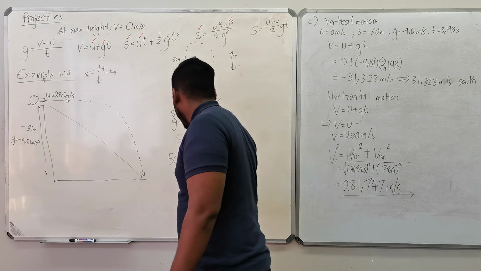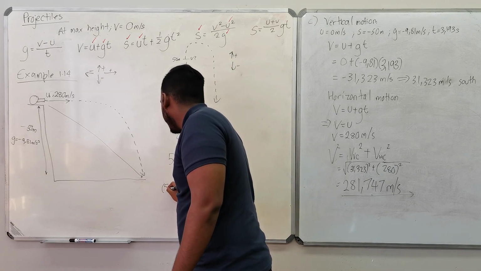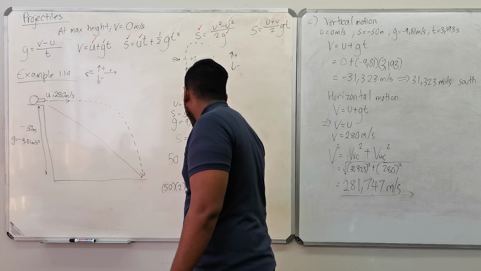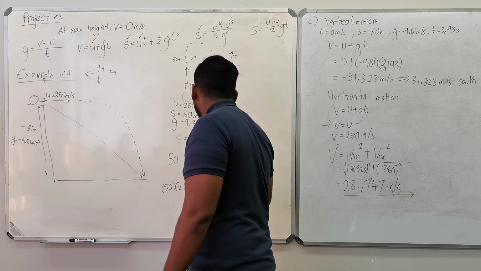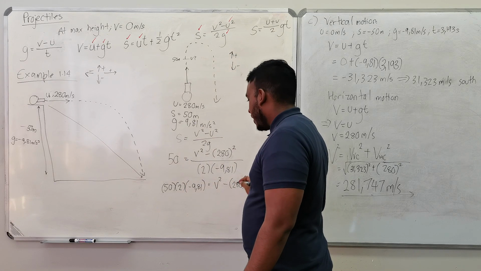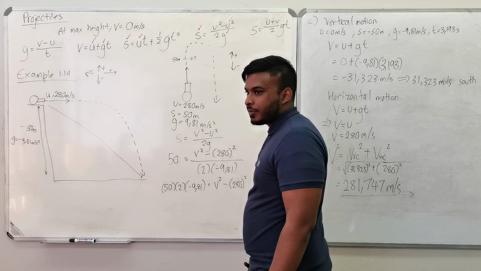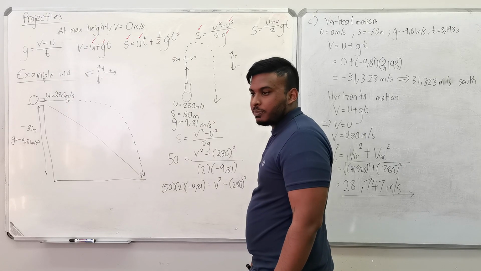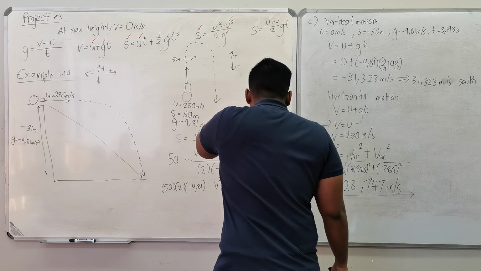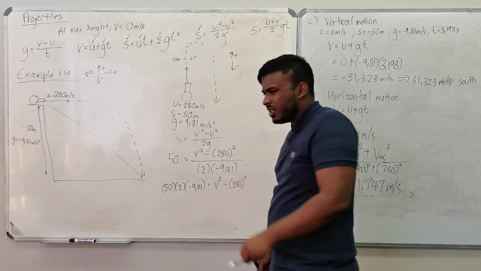So what's going to happen? You're going to take this across. So it becomes 50 times 2 times minus 9.81 equal to V squared minus 280 squared. What's this number? Minus 981.